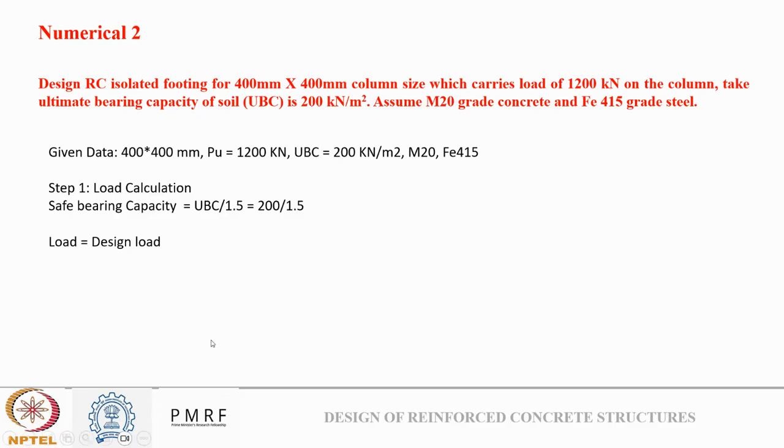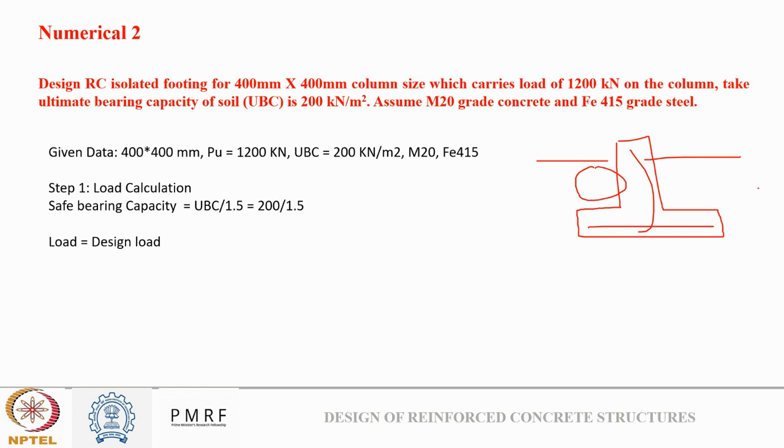Why? If you see in the design, suppose this is my footing, and this is my ground level. There may be some weight of the footing also in this soil portion that is here. So that also we need to take into account when we are designing.